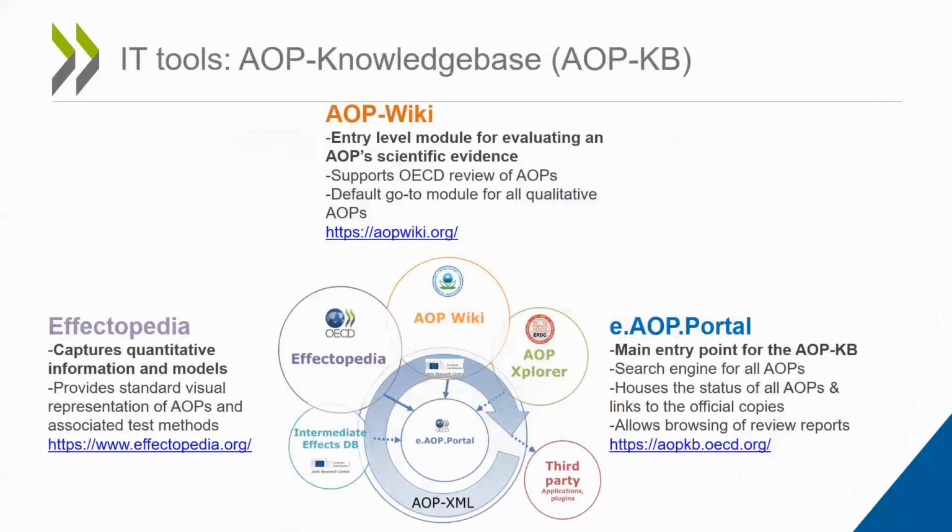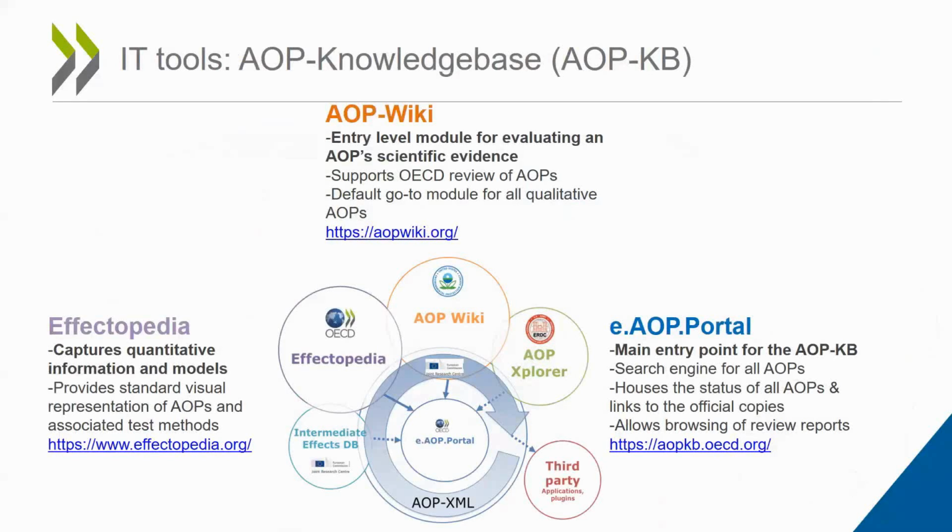So the AOP knowledge base is the IT tool supporting the development of AOPs. The main entry point for the AOP knowledge base and its different modules is the AOP portal here. This AOP portal is a search engine for all AOPs, and it allows browsing of review reports too, which are available there in this portal.